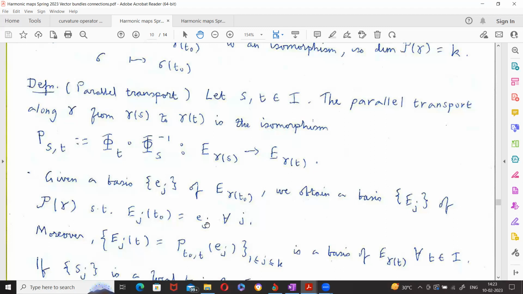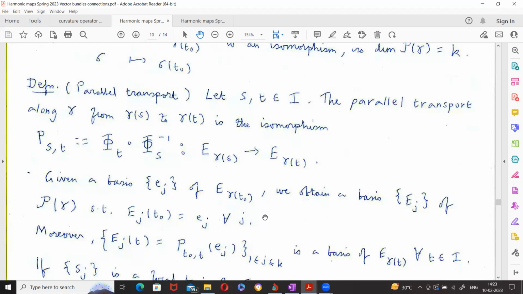Because the evaluation at time t_0 is an isomorphism, the basis e_j of the fiber at gamma t_0 corresponds to a basis capital E_j of the space of parallel sections.